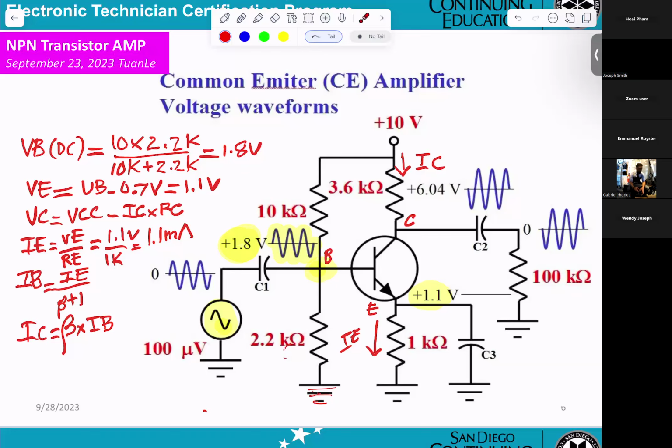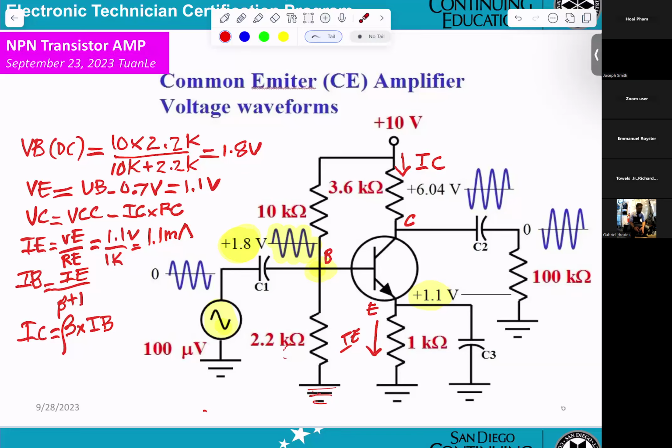My question is, how can you see 100 microvolt AC? The thing is that it's too small in comparison. AC coupling. Very good, you got it.